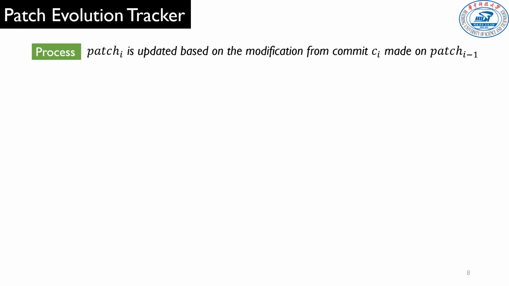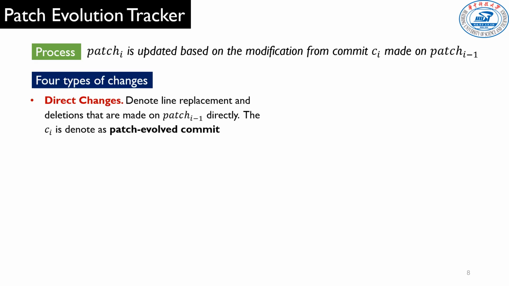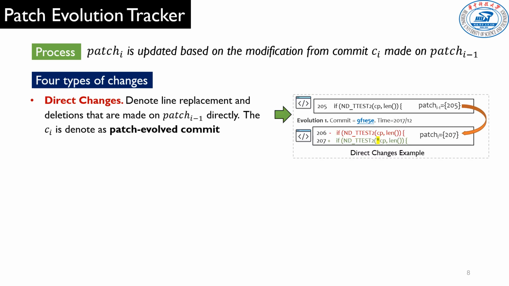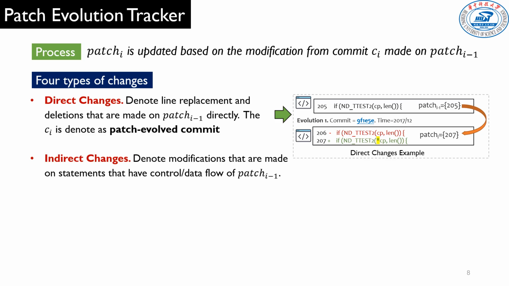There are 4 types of changes. For direct changes, these include line replacements and deletions directly affecting patch i-1. The corresponding commit is termed a patch evolved commit. An example of direct changes is shown on the right. For indirect changes, these are modifications to statements that modify the control or data flow of patch i-1.